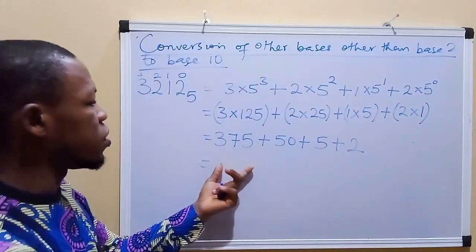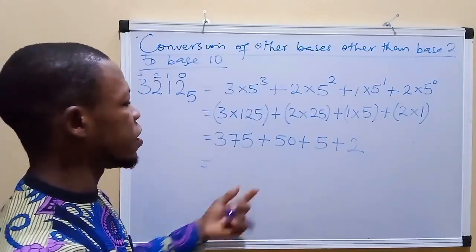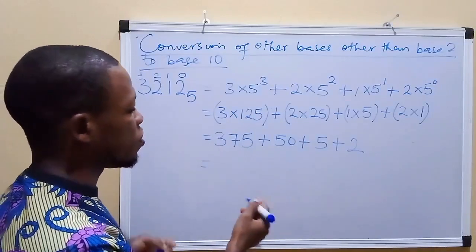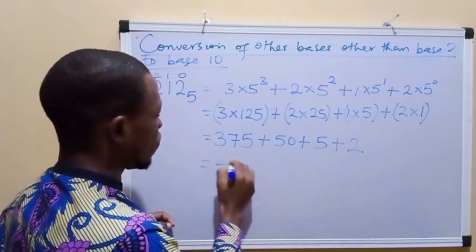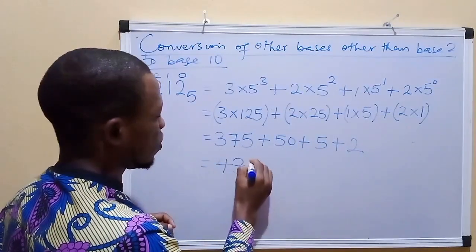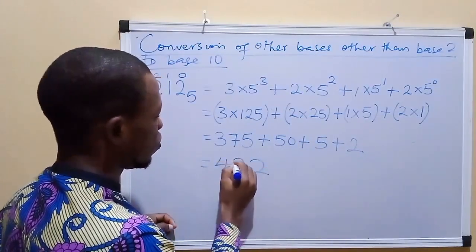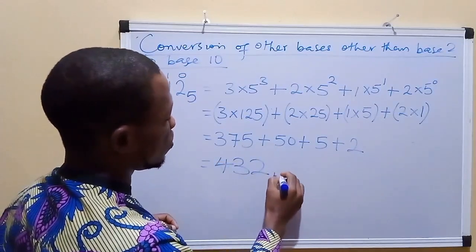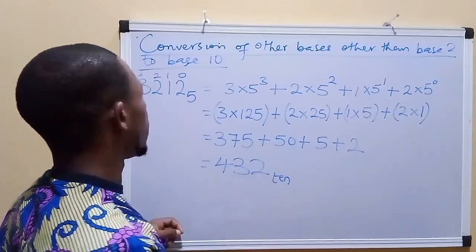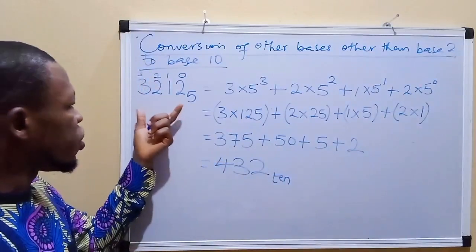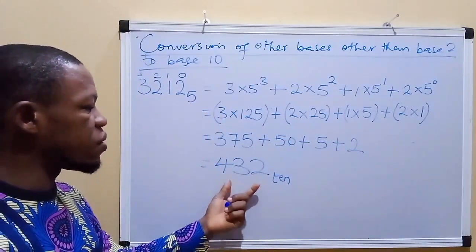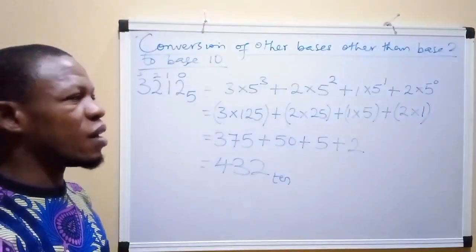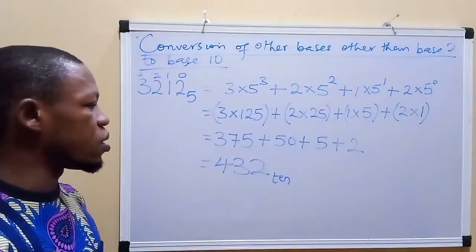Let's do our addition. 375 plus 50 gives us 425, plus 5 is 430, plus 2 is 432 in base 10. Wow! So we've been able to convert 3212 in base 5 to base 10, and that gives us 432, which is our daily counting of numbers.